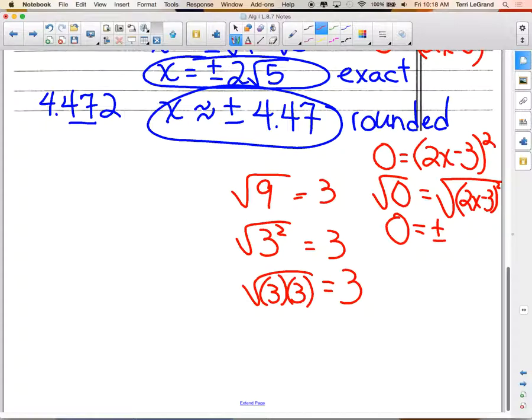So what's the square root of 2x minus 3, that binomial squared? Okay, let me write that the way it really looks: 2x minus 3 times 2x minus 3. What's the square root of that? What times itself?